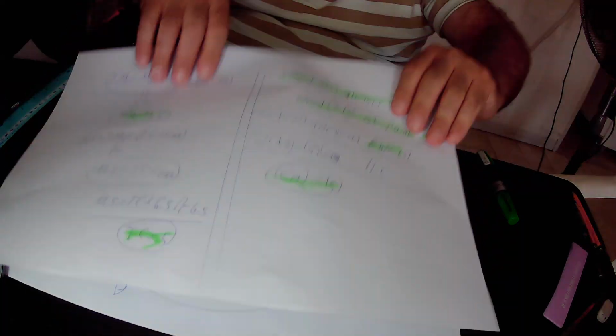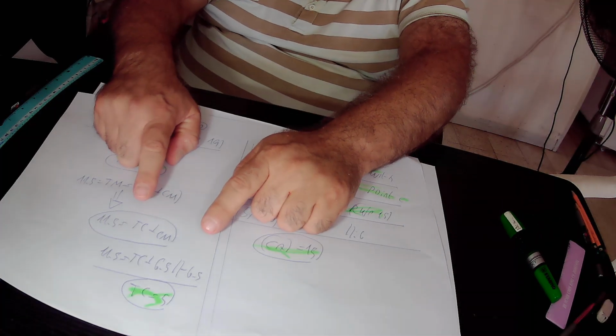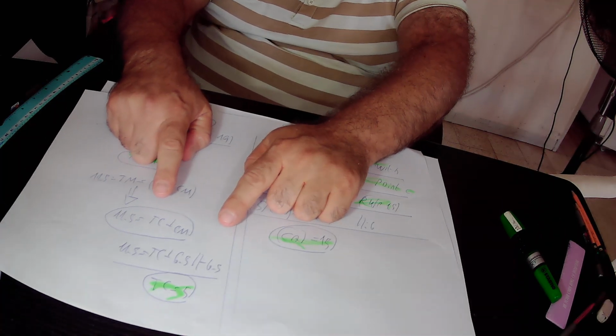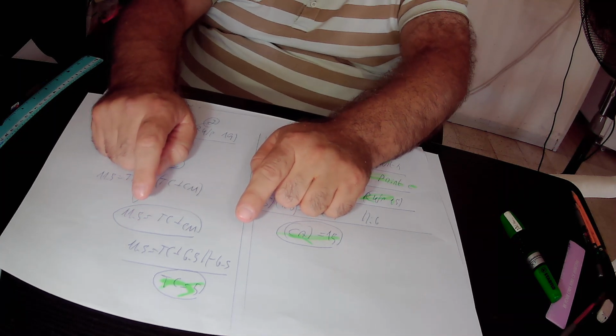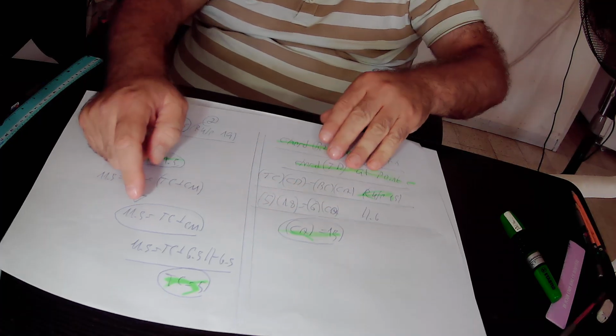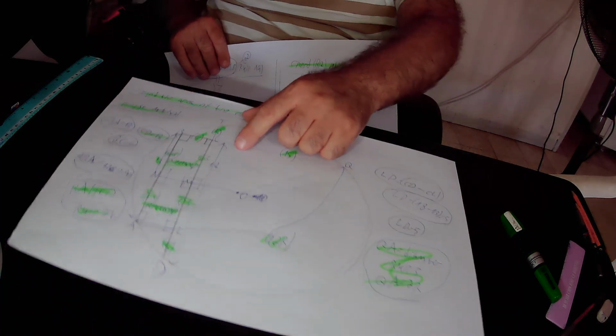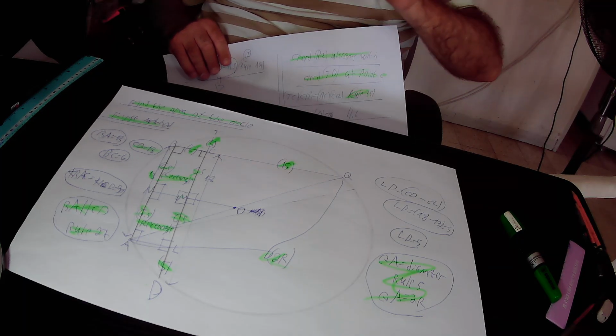So we substitute CM by 6.5. In total, 11.5 equals TC plus 6.5. Here we subtracted 6.5 from this equation, and we found out that TC equals 11.5 minus 6.5, which is 5. This is the missing answer: TC equals 5 units in its length.